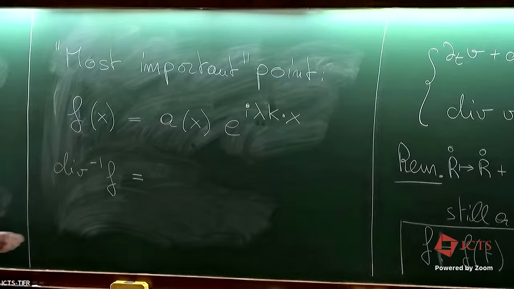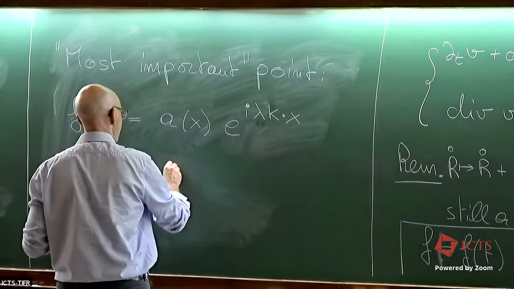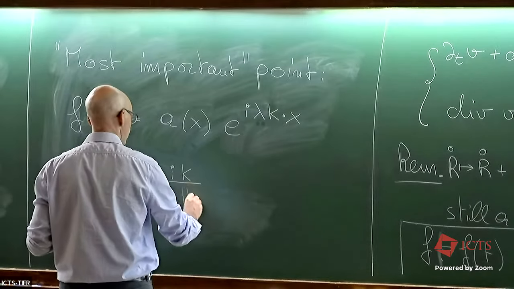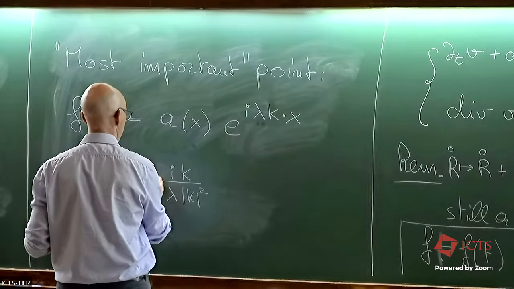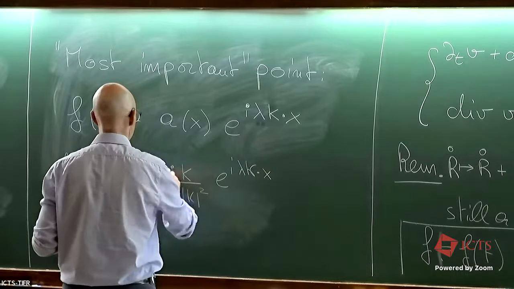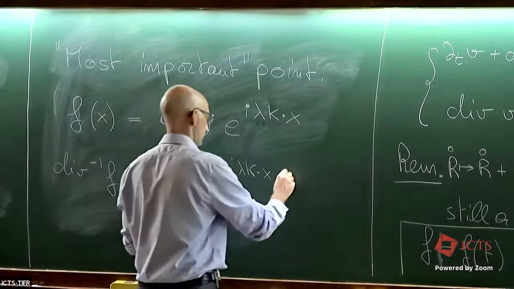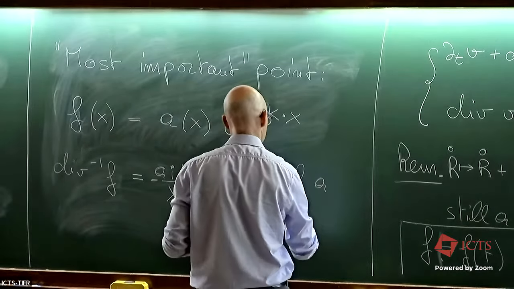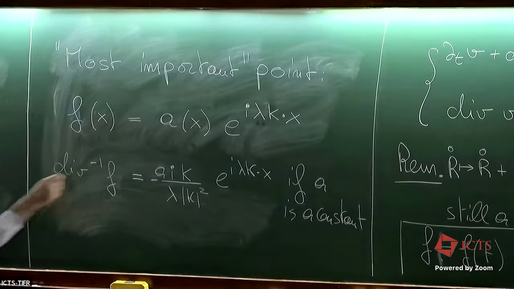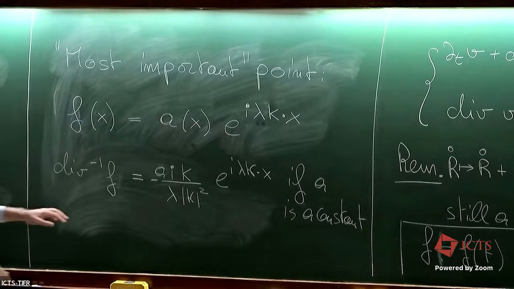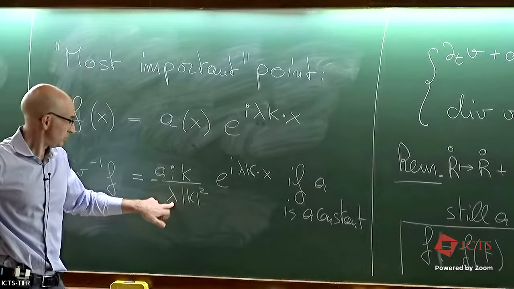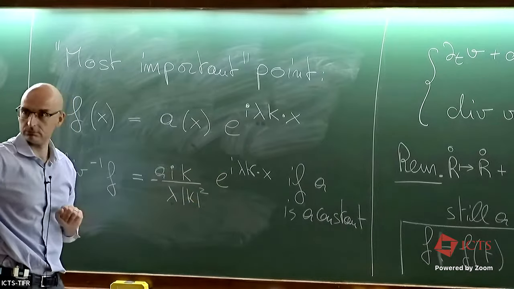So it's going to be, if my computation is correct, something like i k divided by lambda modulus of k squared, and maybe there's a minus, e to the i lambda k dot x, and then there's the a. That is if a is a constant. And you see immediately something that we like: if lambda is large, this one is very small.